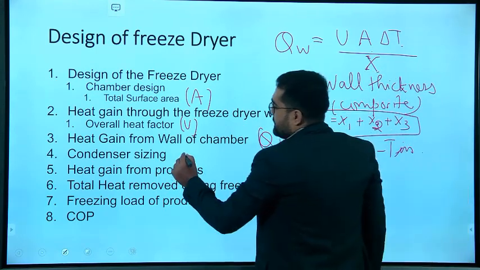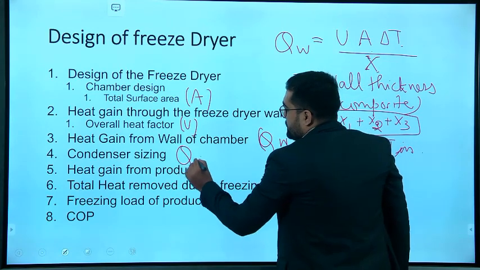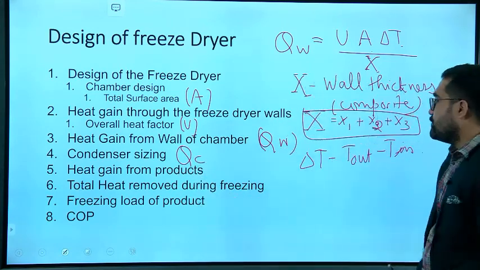After finding out this delta T, what do we find out? The condenser sizing. We find out the condenser sizing with QC. What should be the size of the condenser we are using?